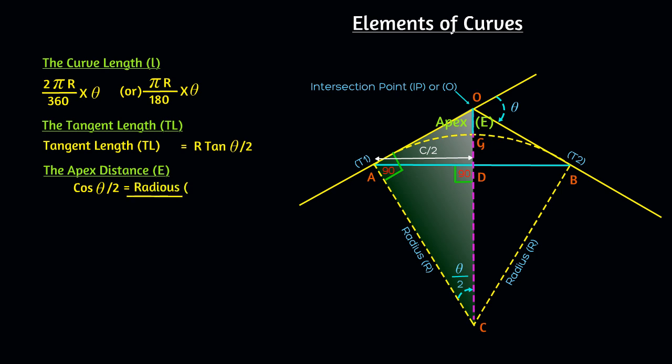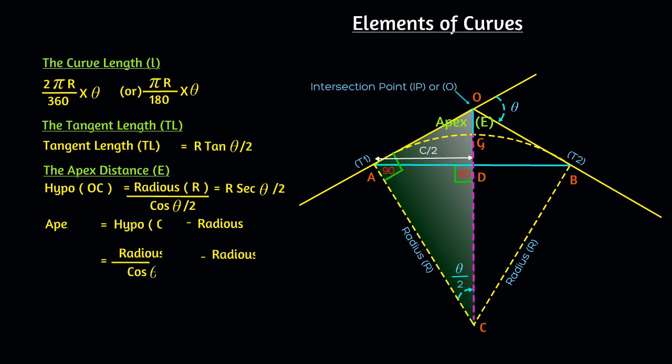Here, the adjacent side is the radius r, and the hypotenuse is the total length from O to C. Now, the hypotenuse OC equals radius r divided by cos theta by 2, which is also known as r secant theta by 2. Now, the apex distance equals r divided by cos theta by 2 minus radius, or r into secant theta by 2 minus radius.